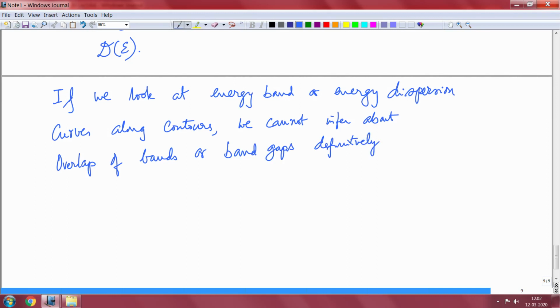That means if I am looking at the 2px and the 2pz band, let us assume in the case of the p orbitals in the 2-dimensional lattice, then it may appear like the 2pz band is well separated from the 2px and 2py bands only along the gamma point to x point to delta point, but they may not be so well separated when you actually go to a general k point.